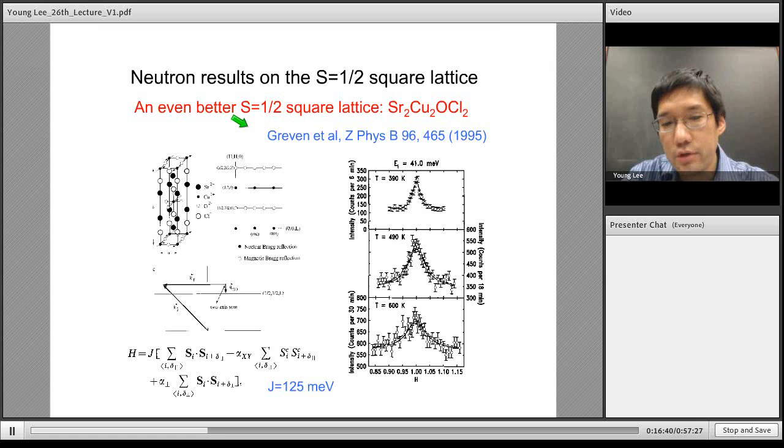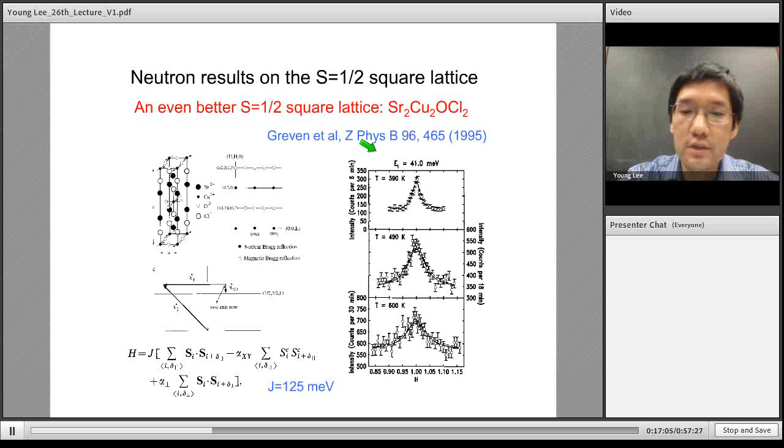So they measured with various incident energies because, again, you want to measure this static structure factor S of Q. So you need to integrate over all the relevant energies, so you want to go to high energy as well. So this is 41 millielectronvolts. It's not as large as J, but that's okay as long as the energy scale for the fluctuations at these low temperatures are well integrated over the fluctuations that dominate.